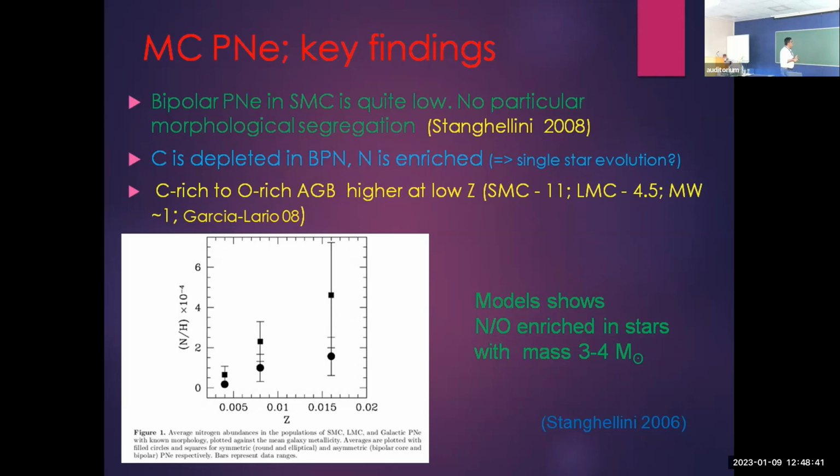And so far we know that the C to O-rich AGB star ratio is higher at low metallicity. For example, the SMC has 11, whereas the LMC has 4.5, and the Milky Way has only 1. This is understood because of the low metallicity. All stars have a significant oxygen abundance as they evolve.